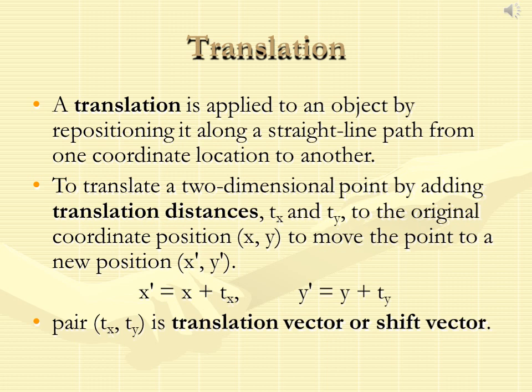The pair tx and ty is the translation vector or shift vector. A translation moves an object to a different position on the screen. You can translate a point in 2D by adding translation coordinates.